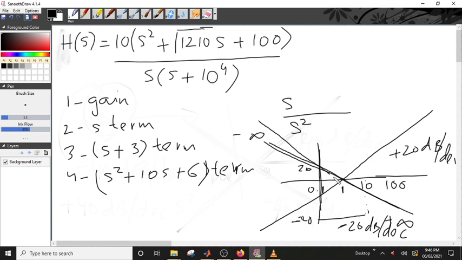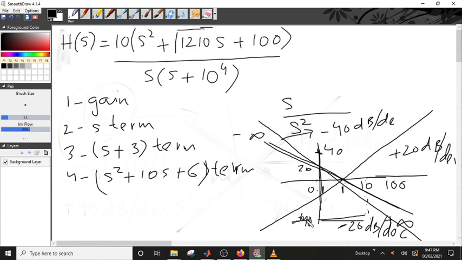So we will go like this, so minus 40 dB, so this line will then be at minus 40 dB per decade, and it must cross this 1. So if it's 1 here, then at the previous decade it must be at 40, and at the next decade this must be at minus 40, right? So this is the basic concept here.